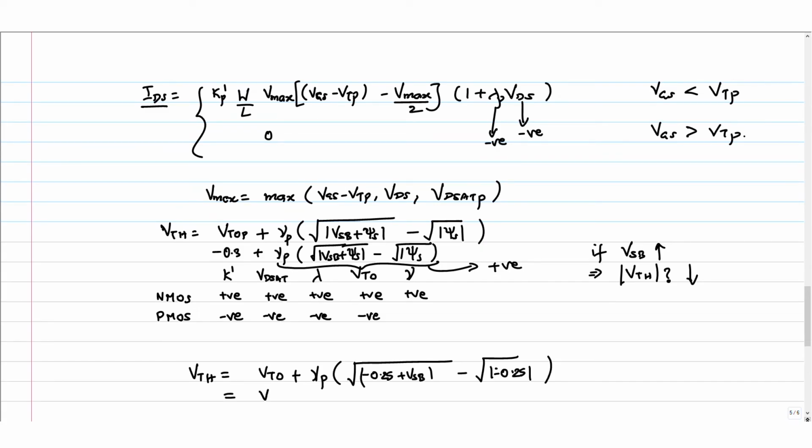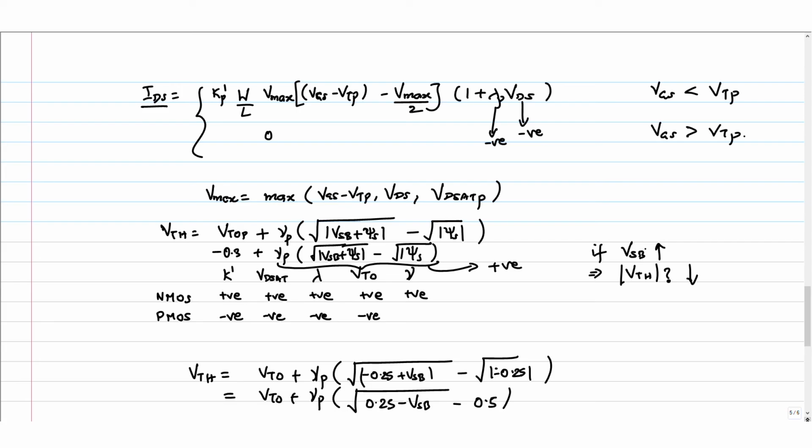Okay, Vt naught plus gamma P into, this will become, what is it, root of 0.25 minus VSB. I am assuming VSB is less than mod psi s. You cannot arbitrarily increase VSB beyond 0.25 volt, 0.3 volt and all that. Some small deltas are acceptable, minus root of 0.25.